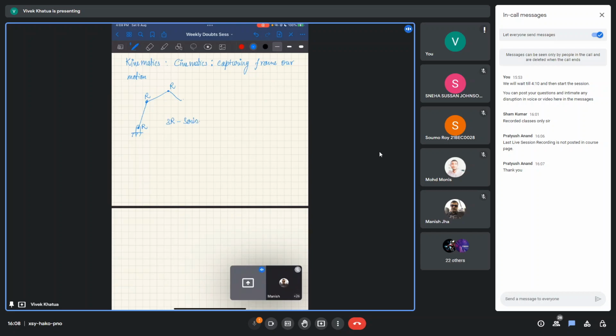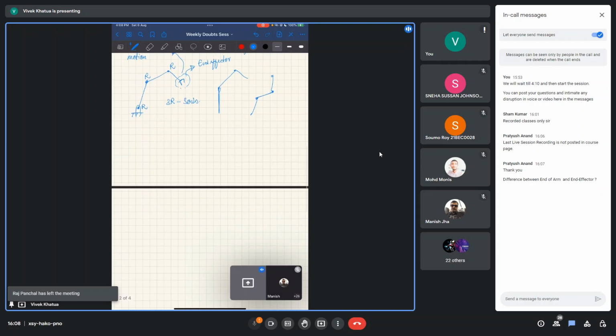What we are interested in is how it moves, how it can move. So this has a workspace. If I'm interested in where this end effector can go, that is what would lead me to kinematics.